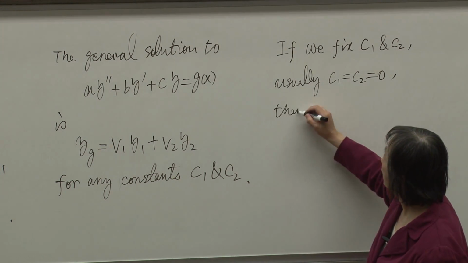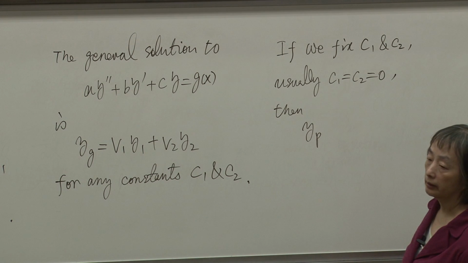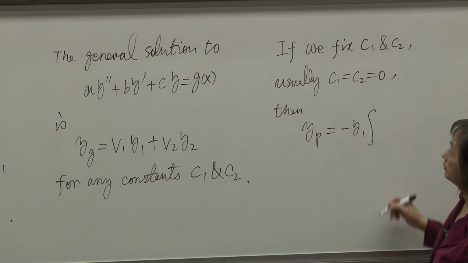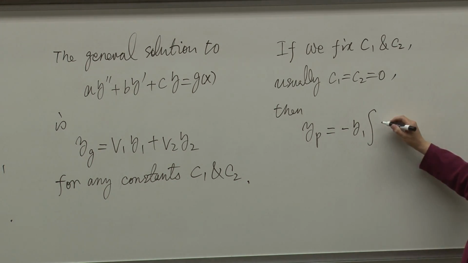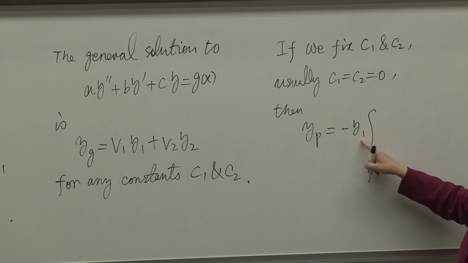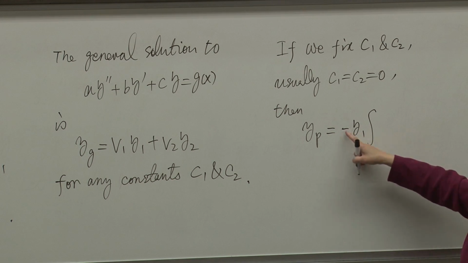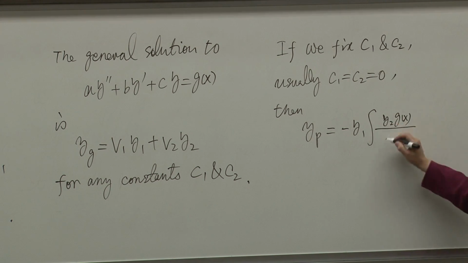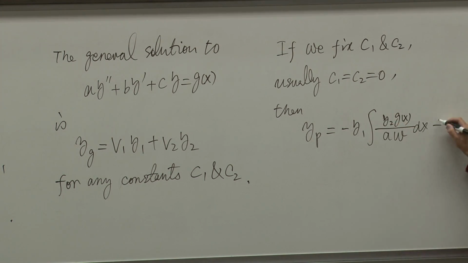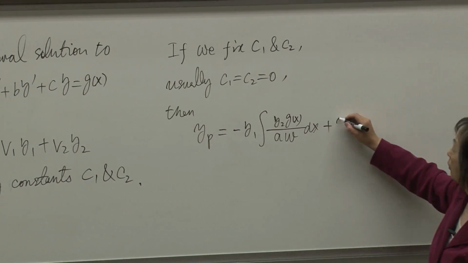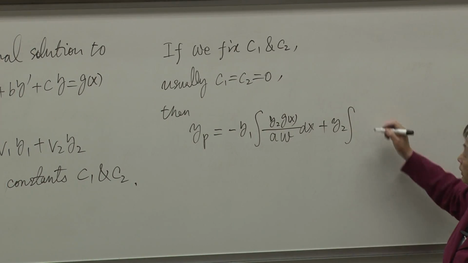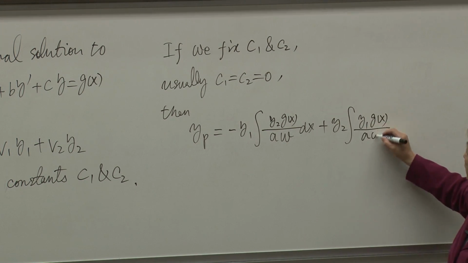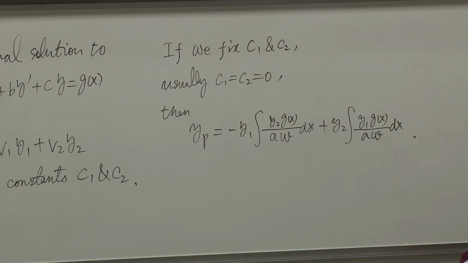Then we obtain the particular solution yp, which is negative y1 times the integral of y2 g of x over a times the Wronskian, plus y2 times the integral of y1 g of x over a times the Wronskian.